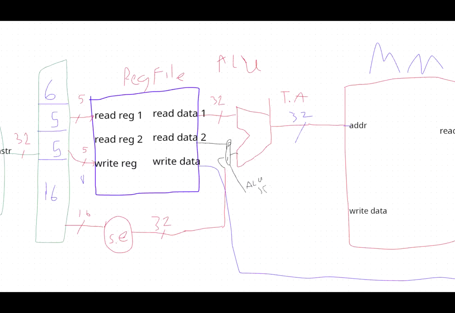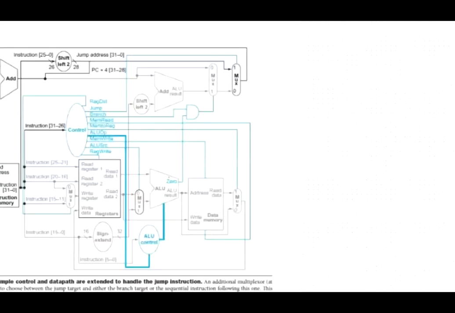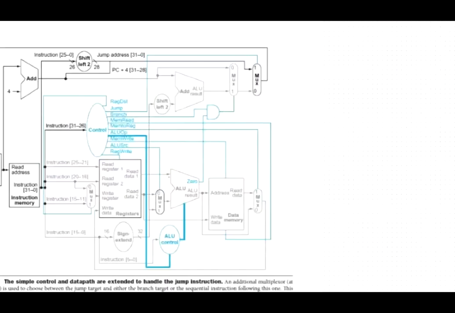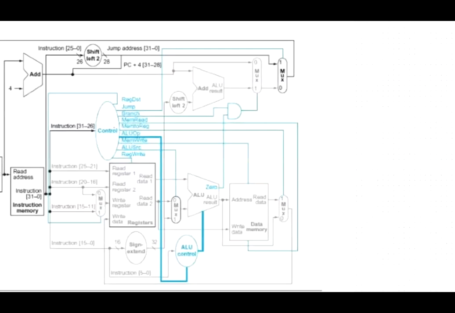Just going to double check, because we also have another control signal for load. If you go to the diagram, I'm drawing on it right now. We have this memory read, and we have this memory to register. Memory to register is load, and memory read is, no, sorry, memory write.